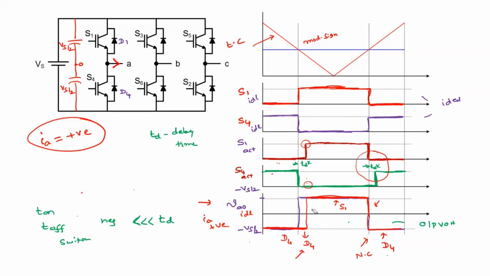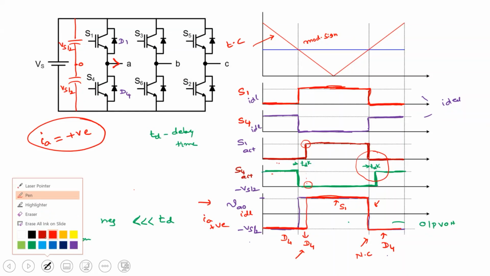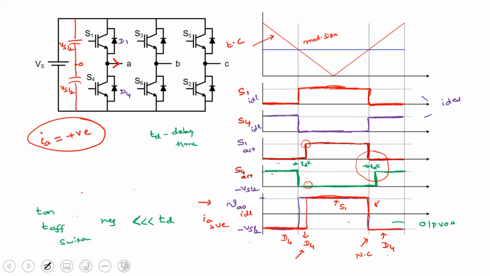This area, agree? Yes, sir. So this is the lost area. It's supposed to be here, but it is here, so some of the voltage is lost.